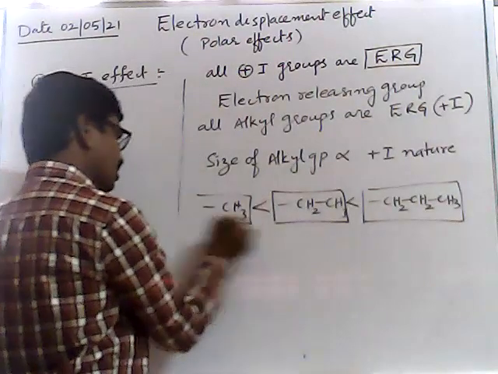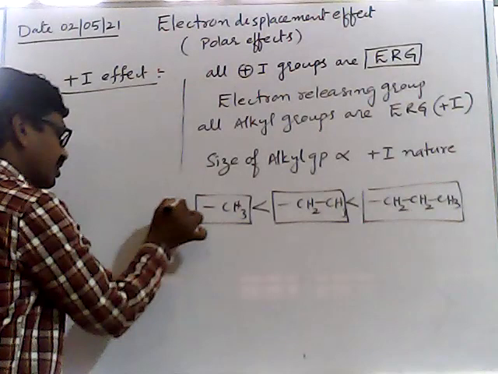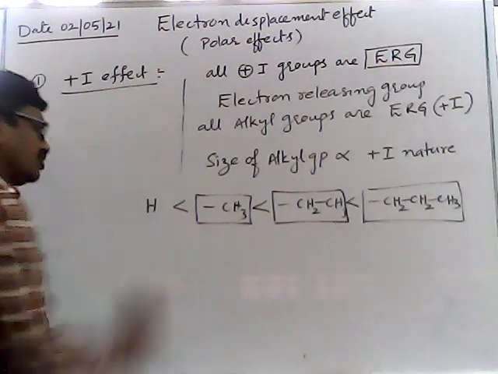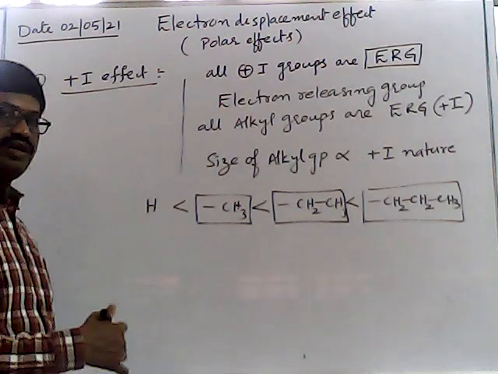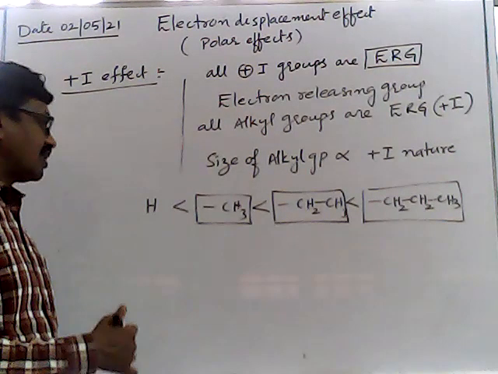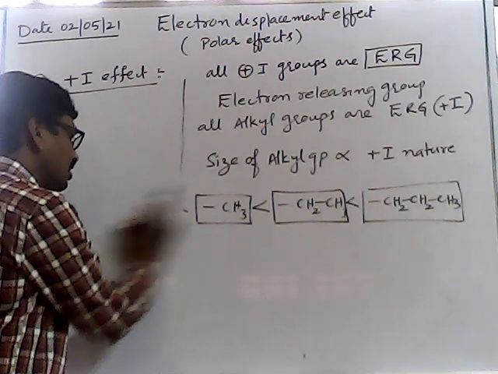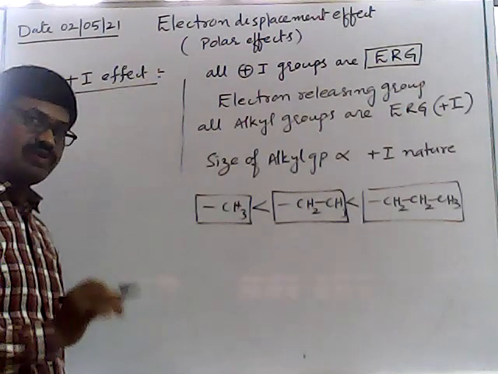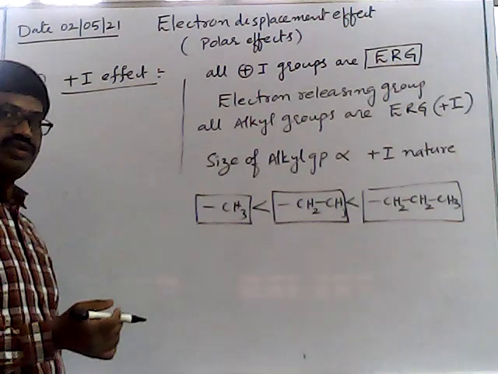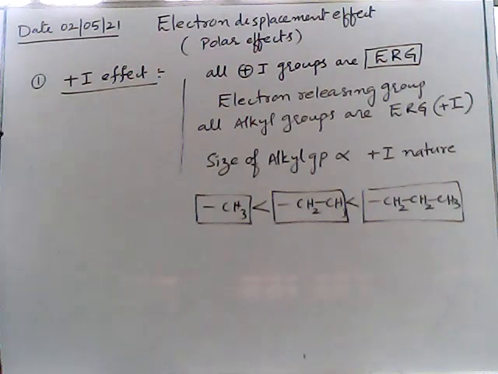Ethyl group has more plus I effect than methyl group, and hydrogen has zero plus I effect. Hydrogen has no electron donating nature or electron attracting nature, so it has zero effect compared to hydrogen. All the groups which have more power to donate electrons to the carbon chain are called plus I effect.